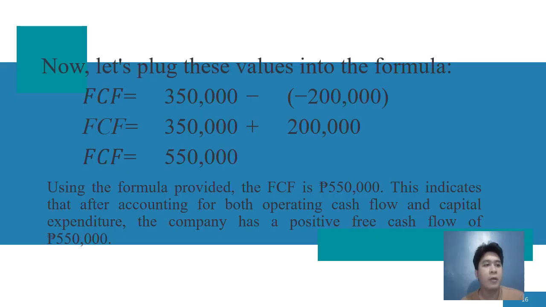When we calculate the free cash flow or FCF using the formula provided, we can find that FCF is 550,000 pesos. This indicates that after accounting for both operating cash flow and capital expenditure or CAPEX, the company has a positive free cash flow of 550,000 pesos.